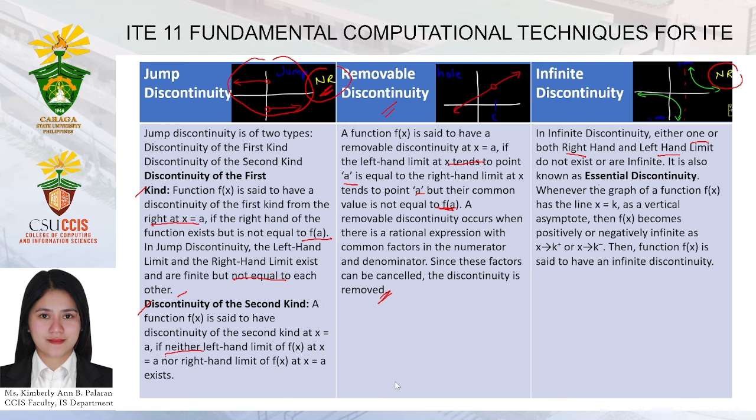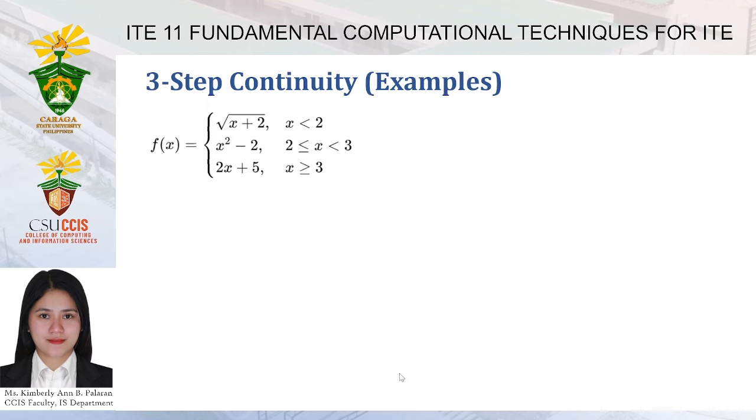To fully understand these definitions and theories, let's take a look at this first example. So we have here a piecewise function. Our goal here is to check whether this function is continuous at x equal to 2 and x equal to 3. Let's first identify f of a. Step 1: does the function actually have a value at a?